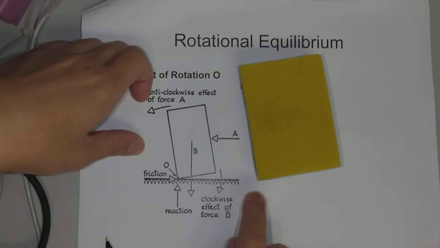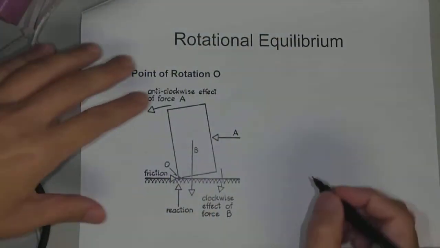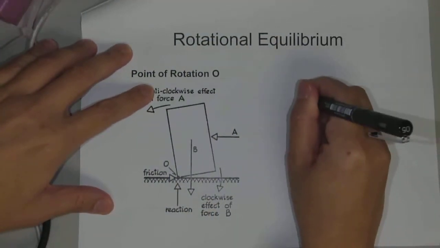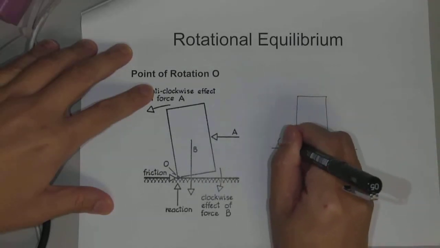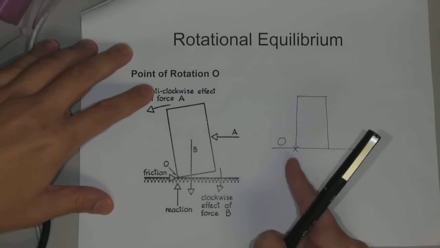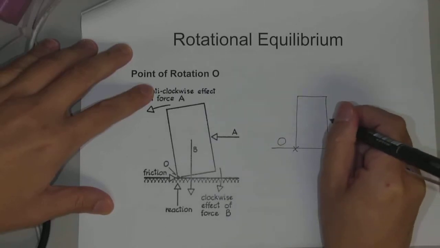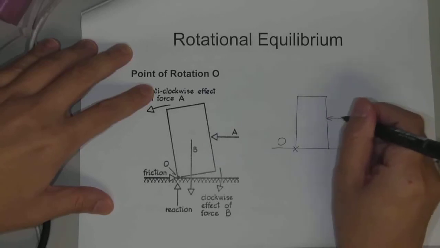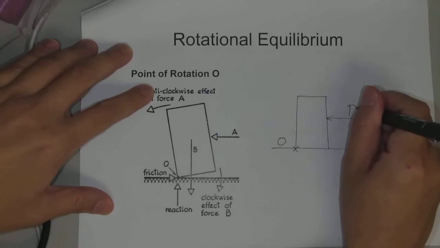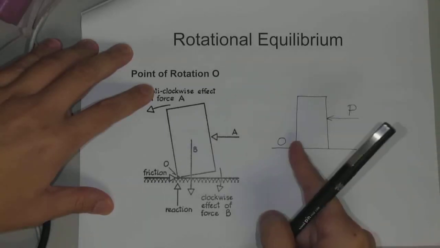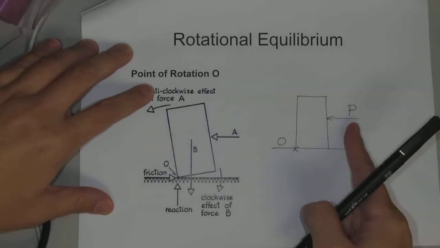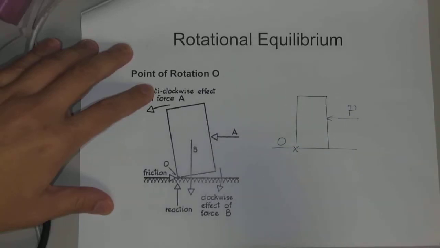Okay? So I just redraw my thing here. This is my point O. That thing is trying to rotate about point O because of that force P or load P. What causes that thing to rotate? P and the distance. What distance? Distance from O. What distance from O?